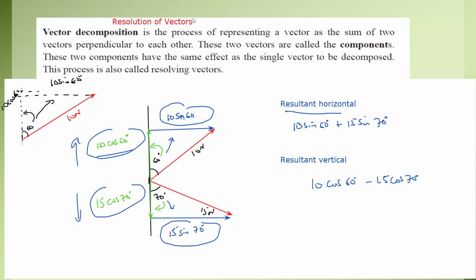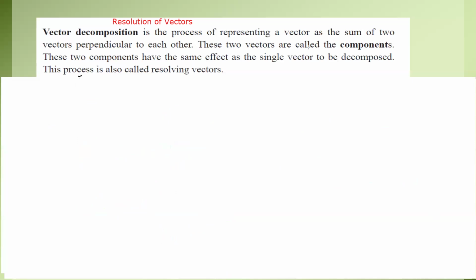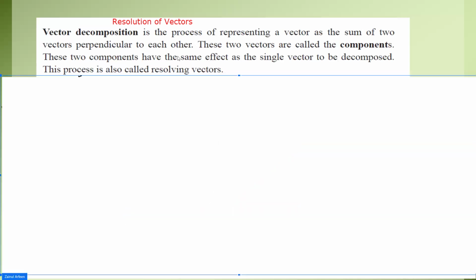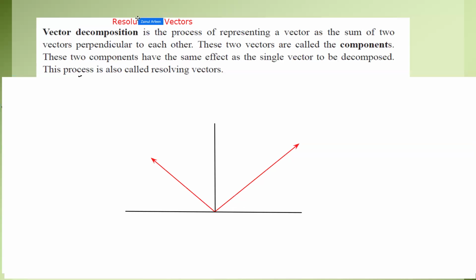Another similar example, but what if I change the angles and I want to find the resultant of the two vectors? So we have the two vectors.